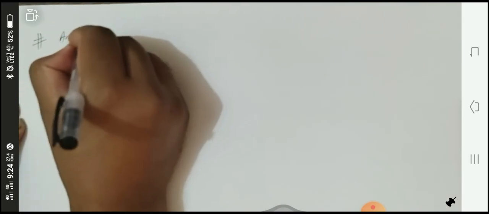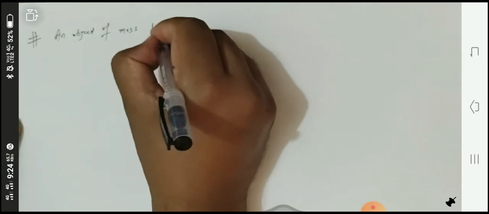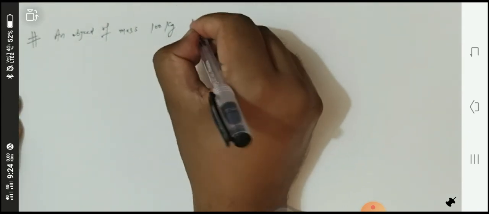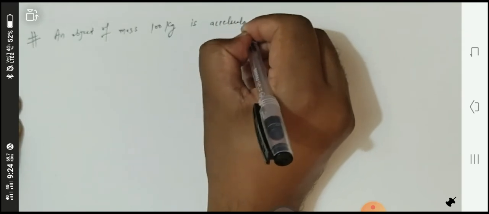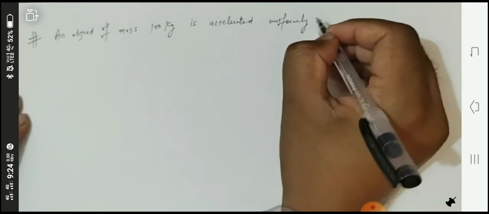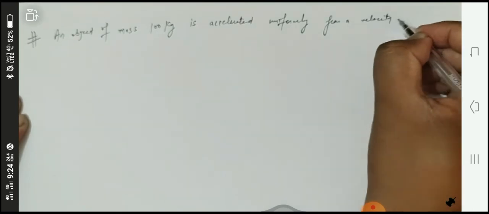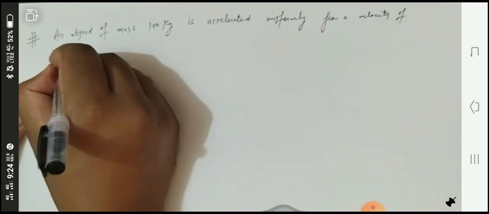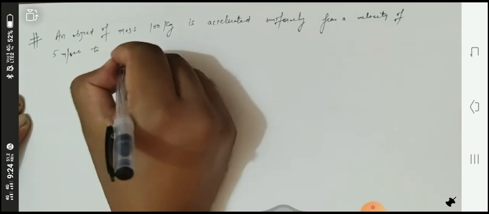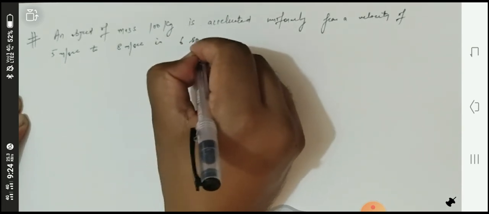The question is, an object of mass 100 kilogram is accelerated uniformly from a velocity of 5 meter per second to 8 meter per second in 6 seconds.